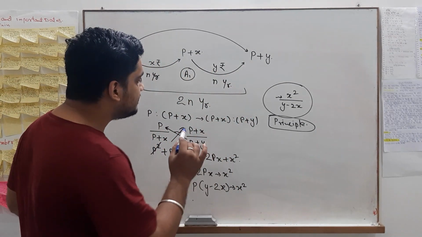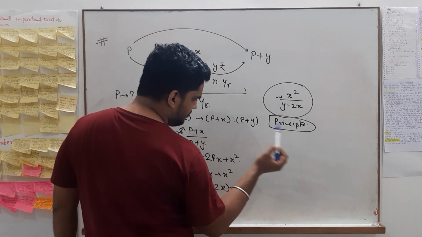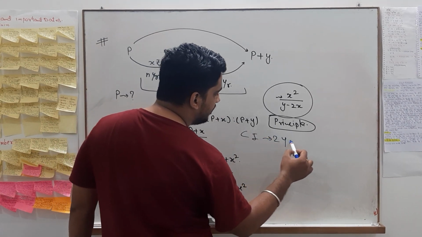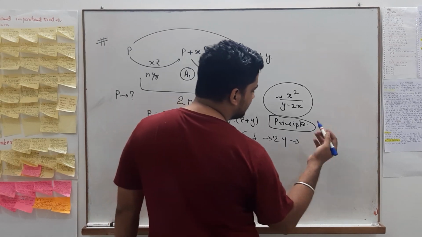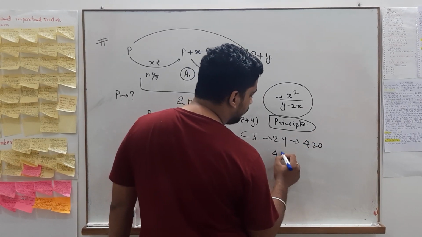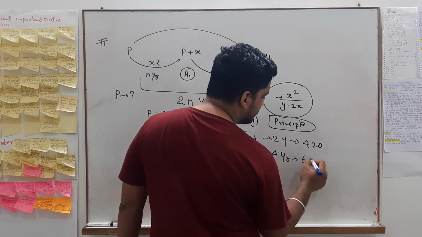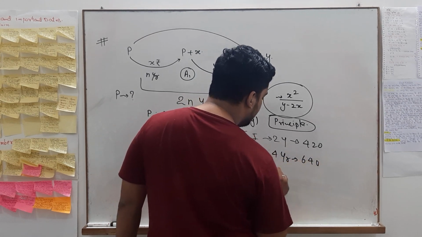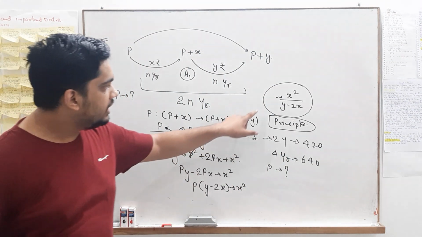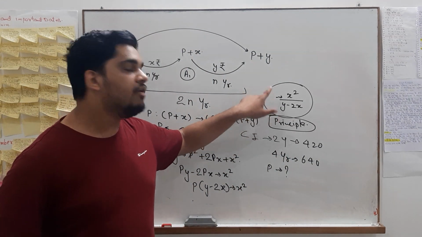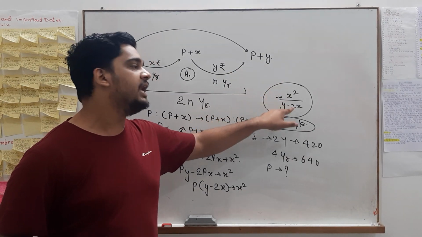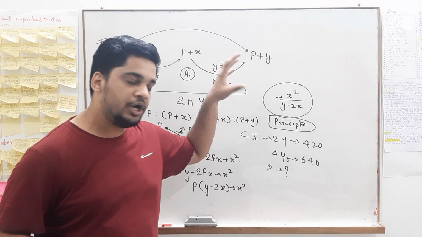In this particular concept, they will say that the compound interest for 2 years is, let us assume, 420, and the compound interest for 4 years is 640. Then what will be the principal? In that particular case, you have to use this formula, X square upon Y minus 2X.